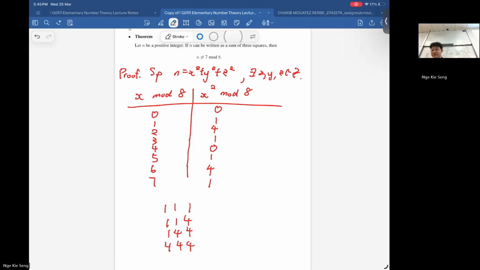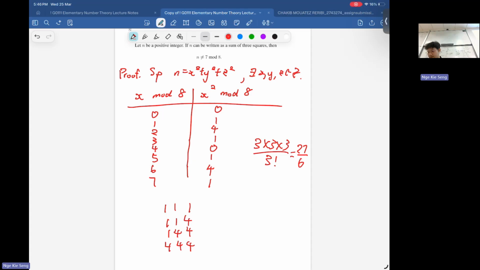How do we calculate all the possibilities without considering the permutation? Divide by 3 factorial, is it? So 3 times 3 times 3 divided by 3 factorial. Is it 6? We don't care about permutation, right?